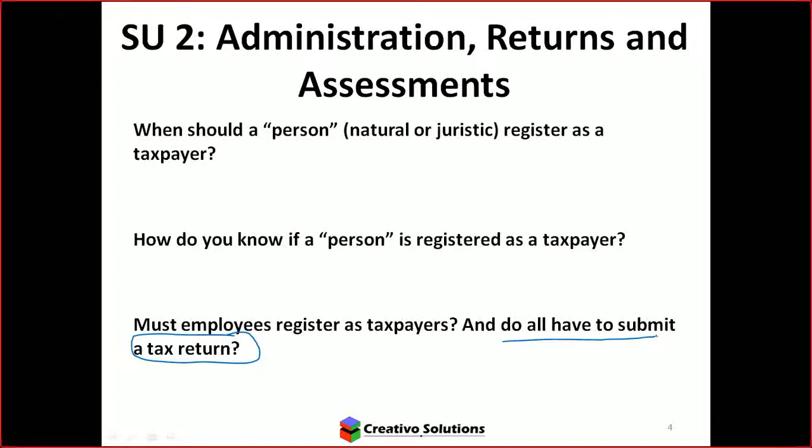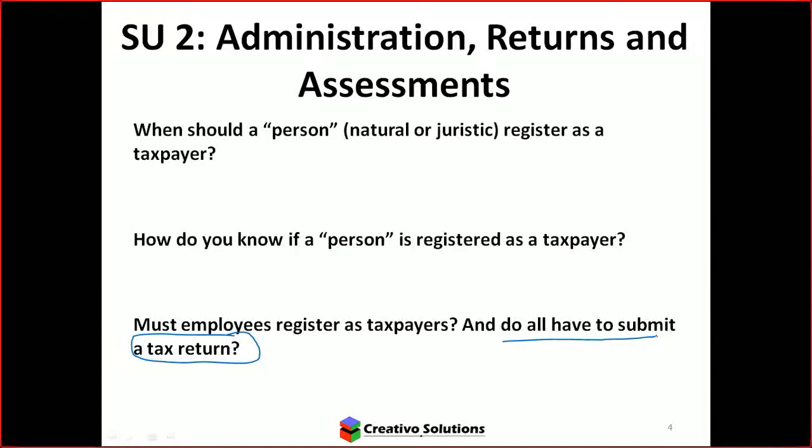If you go into any SARS branch, or onto the website, you will see that they give almost like a concession, whereby SARS says if you've only got one employer and you've been working for them for the entire year, you didn't change job, you didn't do any other work, you didn't earn any interest income or rent income or anything like that, then actually you wouldn't need to submit a return based on your history.